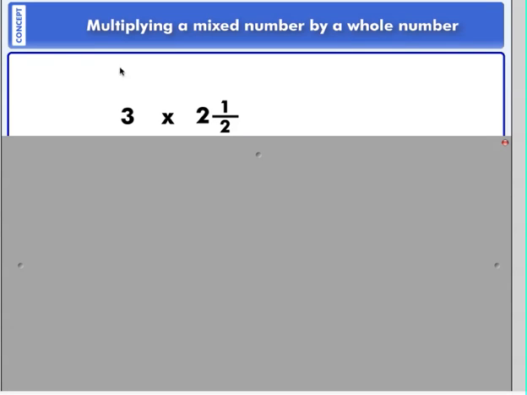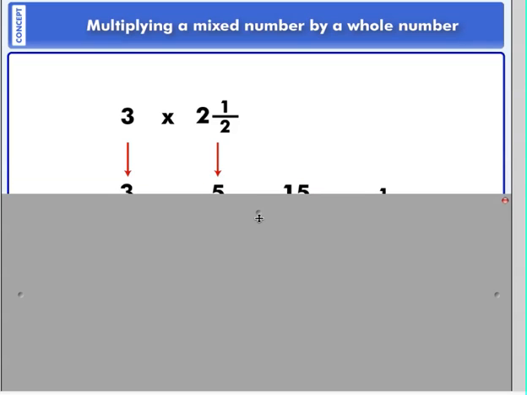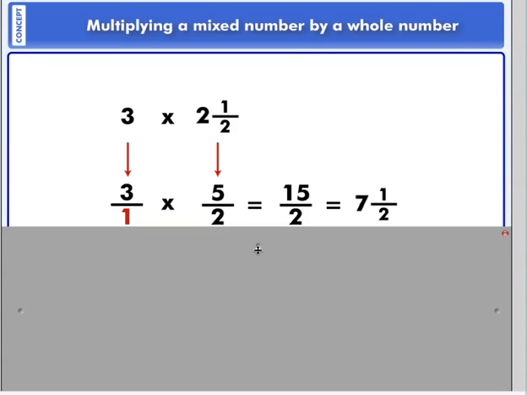Let's try another. What if this happens? You've got a whole number multiplied by a mixed number. Again, before you can apply that multiplication algorithm, both of these need to be just fractions. So you're going to have to rewrite your 3 as a fraction, so make it 3/1, and then rewrite your 2 1/2 as a fraction, so you'll make it 5 halves.